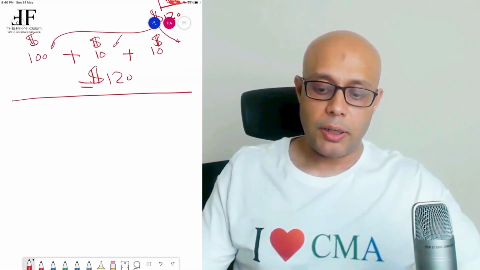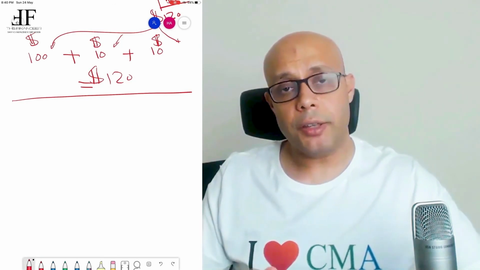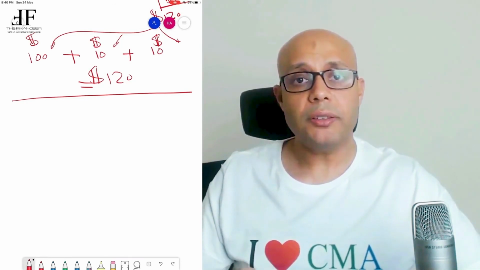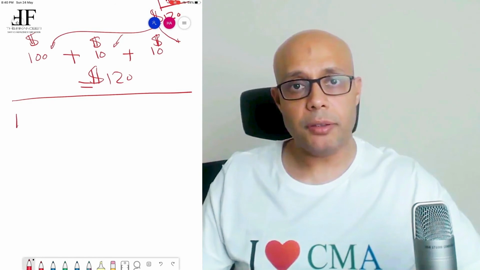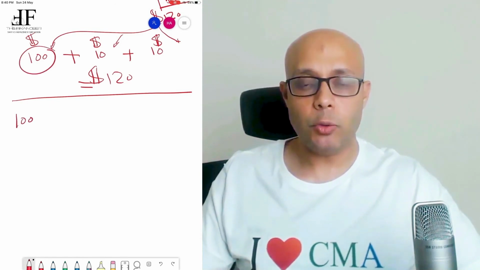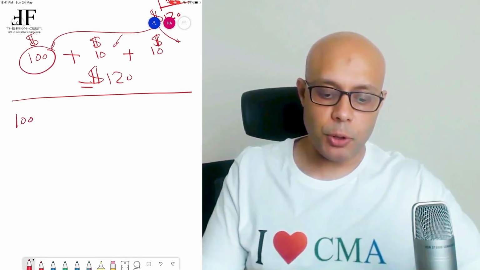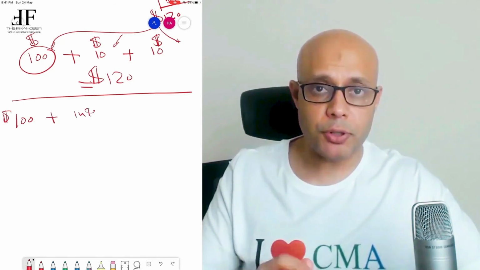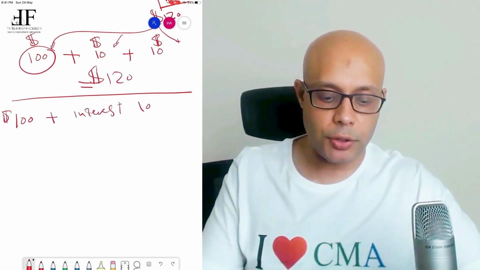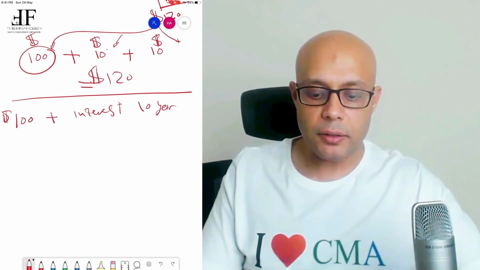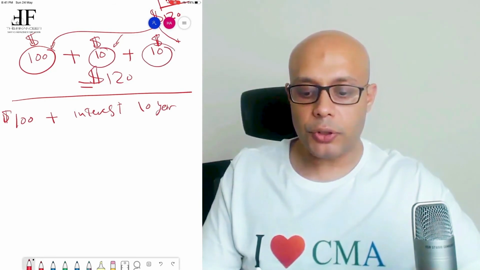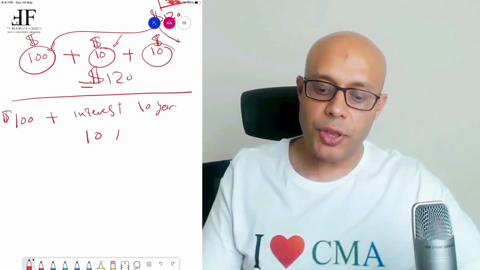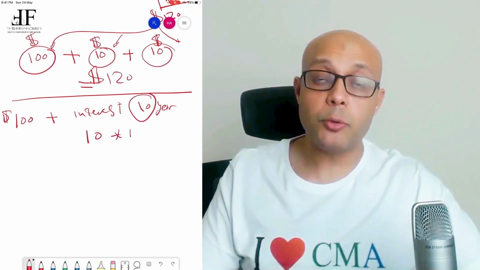Now, if you are going to calculate the interest for 10 years under the simple interest calculation, again it will be the same. How much principal did you deposit in your account? It will be $100, plus interest for 10 years. How much is the interest for any year? It will be $10.